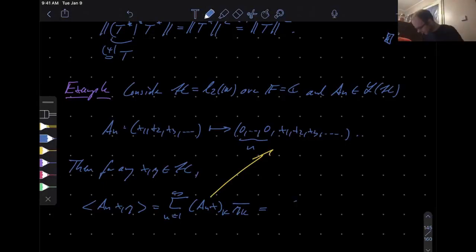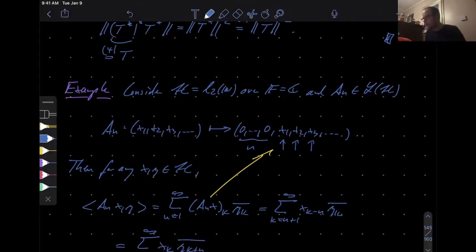Well, it only gets active at the n plus first slot, and then the information that you get is the entry x sub k minus n, right? Because it starts here with 1, then 2. It doesn't start with n plus 1 and n plus 2, it starts with 1. All right, so you have this, then y_k bar just stays as is. And now you can just subtract n terms in the index, so just relabel your indices, and this gives you x_k, y_{k plus n}, and then the bar on top.